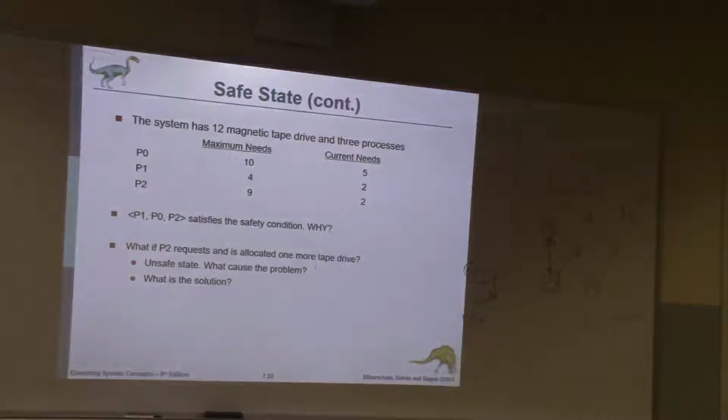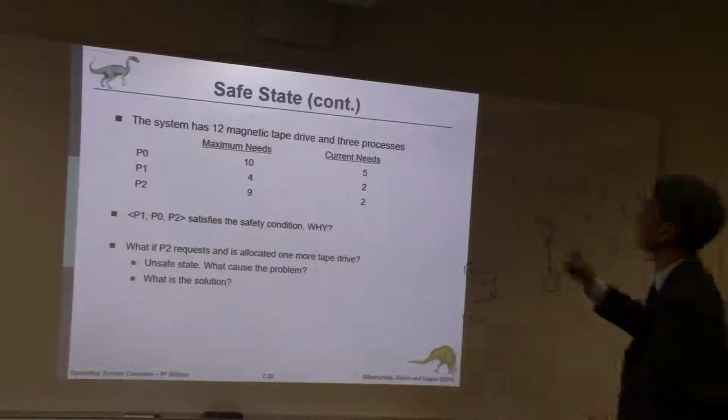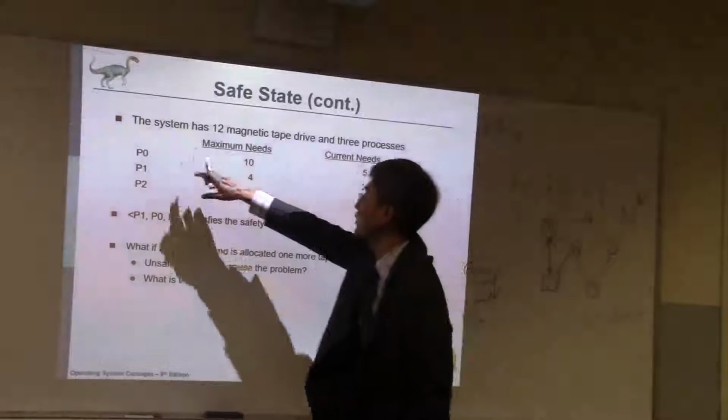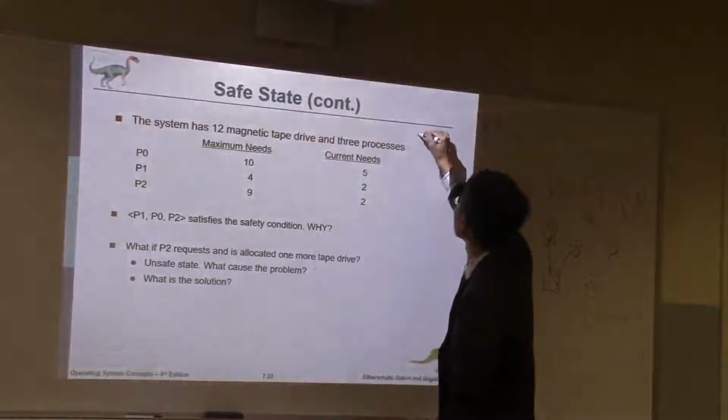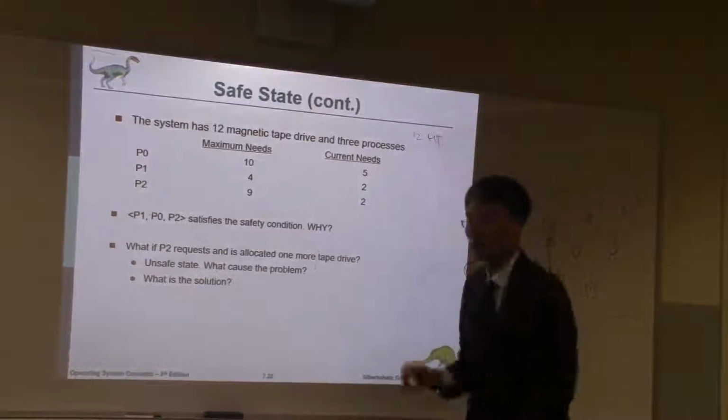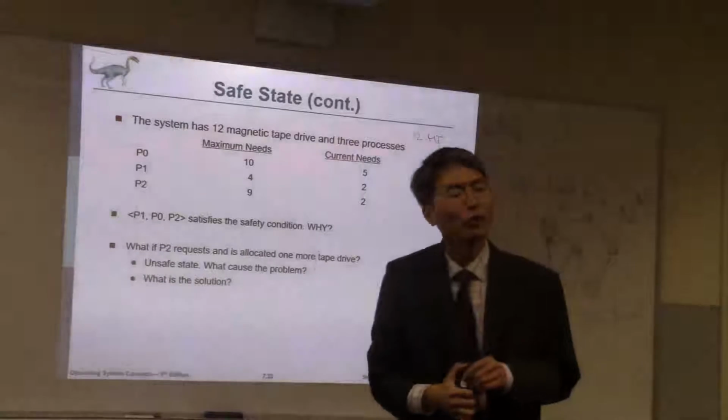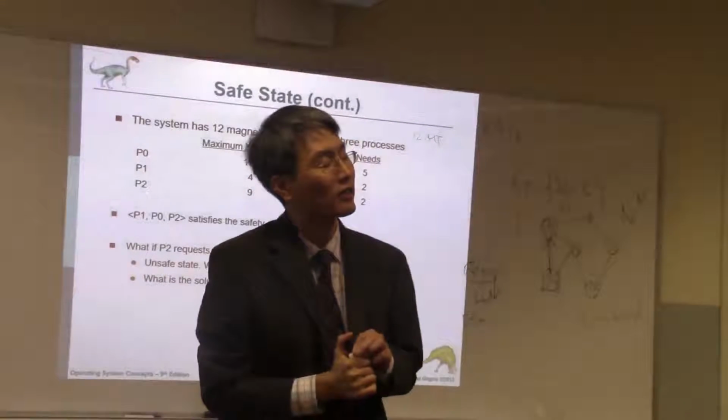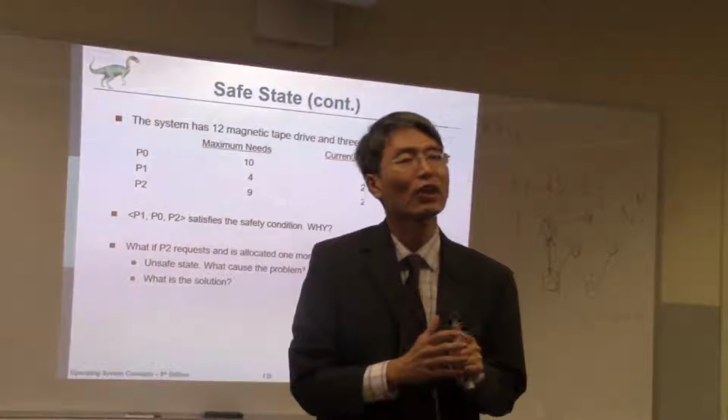To do that, we have three processes, P0, P1, P2, and 12 magnetic tapes. Do you think magnetic tape is currently used in computer systems?